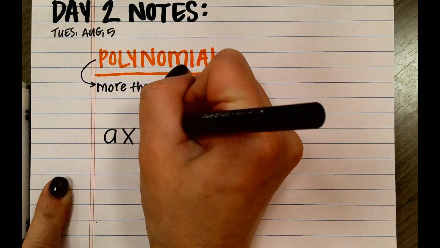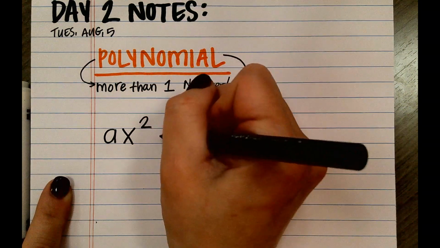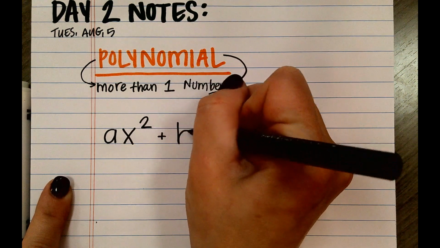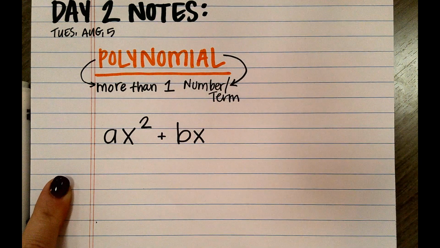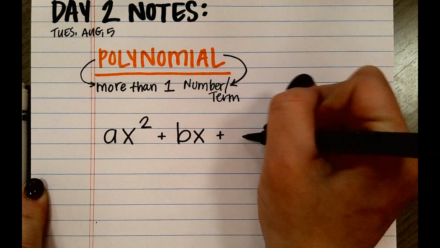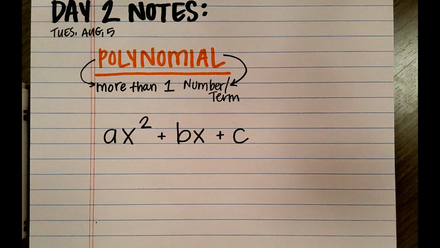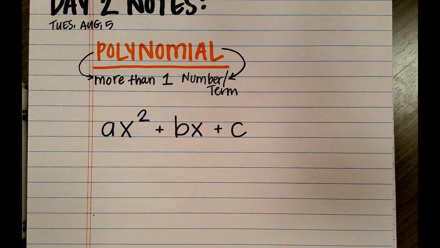AX squared plus BX plus C. AX squared plus BX plus C. Okay.